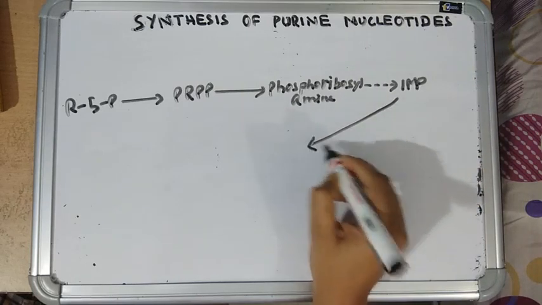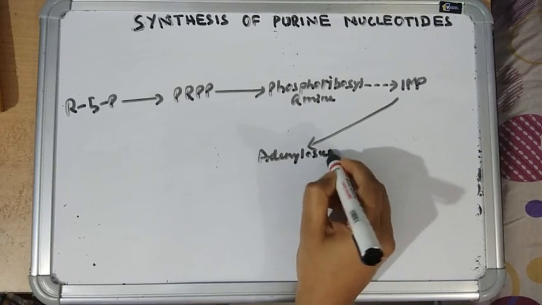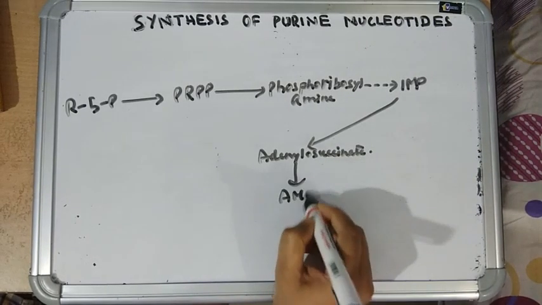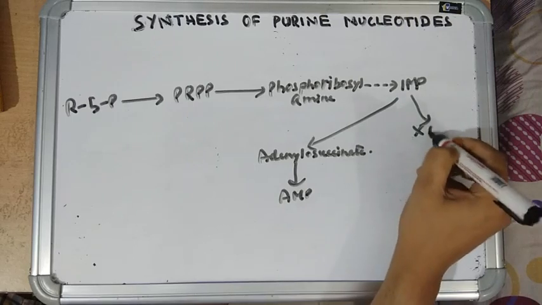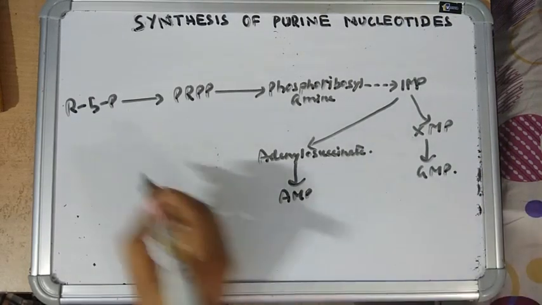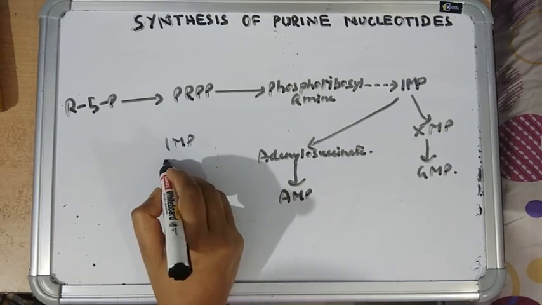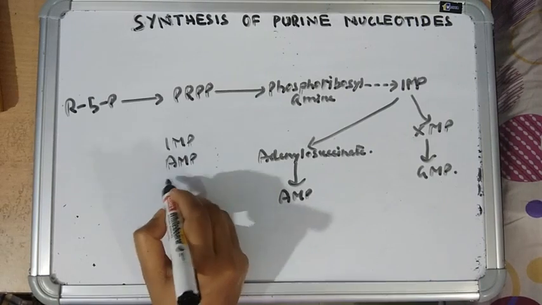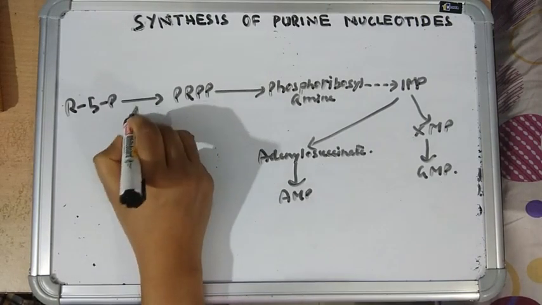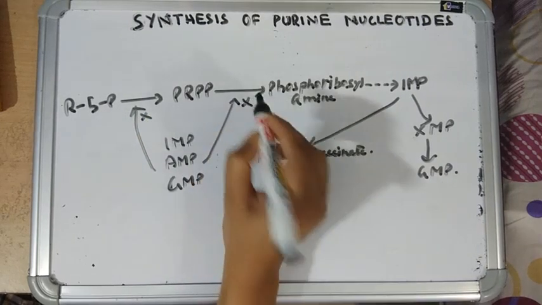From IMP we get adenylosuccinate. From adenylosuccinate we get AMP. From IMP we get XMP and then GMP. Now the end products IMP, AMP and GMP inhibit this reaction as well as this reaction.